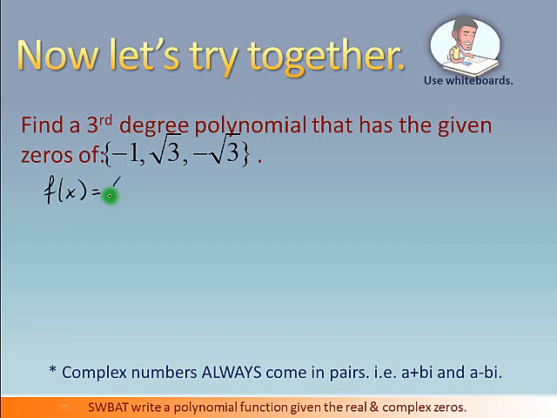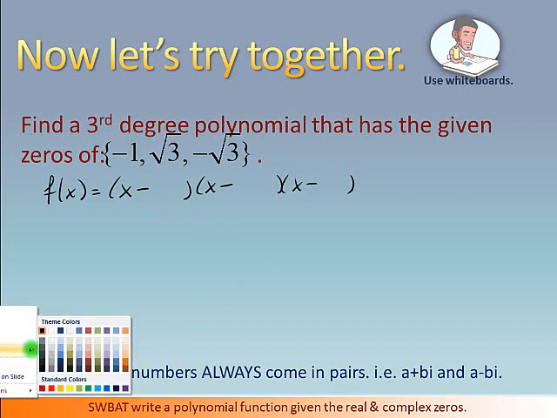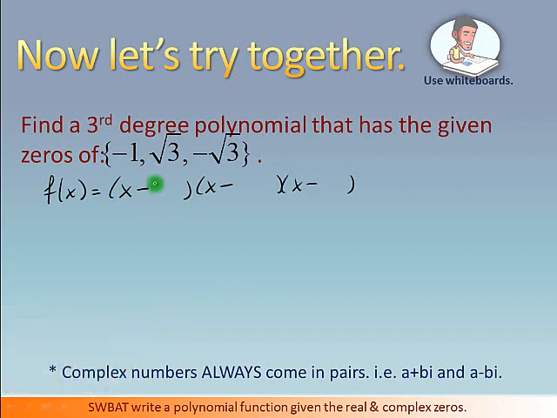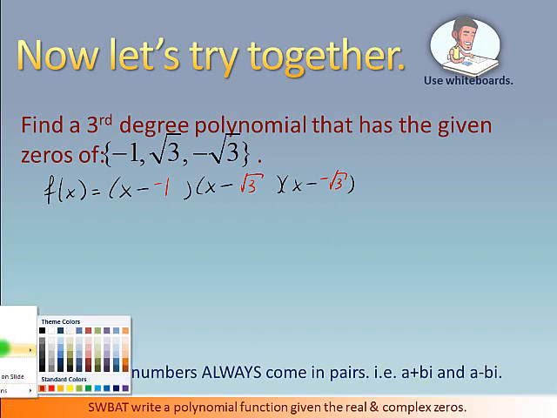So it'll be x minus, leave a bit of room, x minus, and I need one more. Now I'm going to fill in the zeros I'm given. Let me change my pen color. So -1, square root of 3, and negative square root of 3. Now we just have to simplify and multiply.